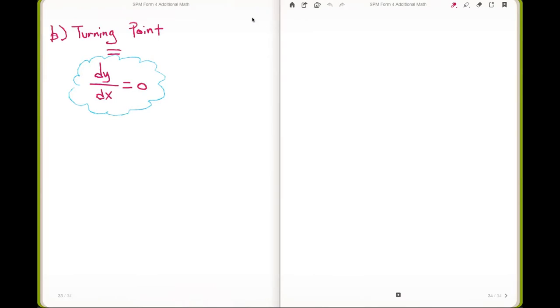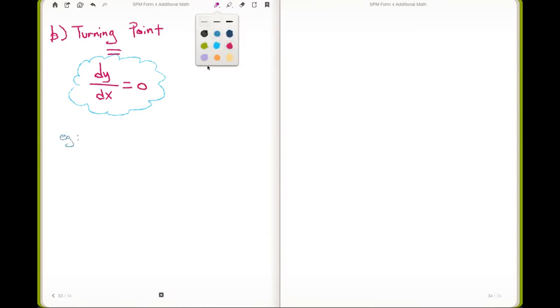Now, all you need to do is to get the equation and find its gradient. Say for example, I work by example. It's easy that way. I used to do it this way, giving a tutorial.